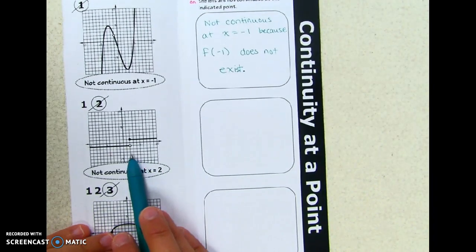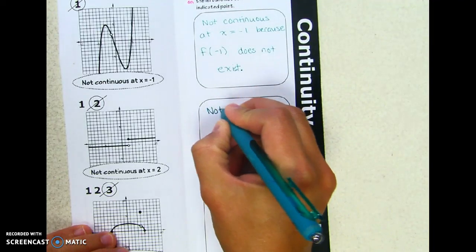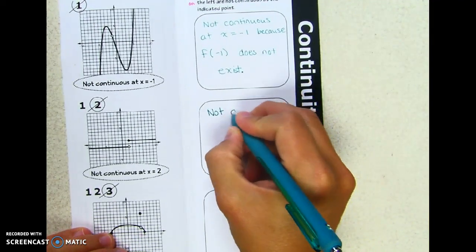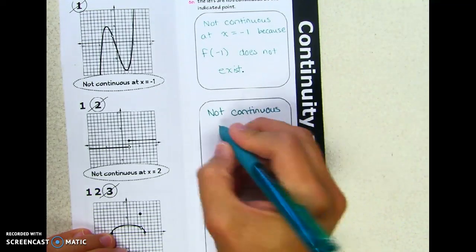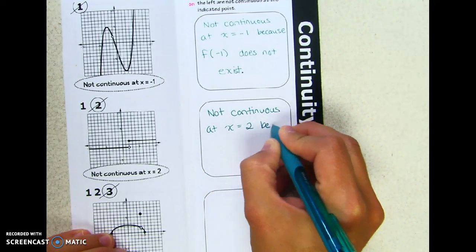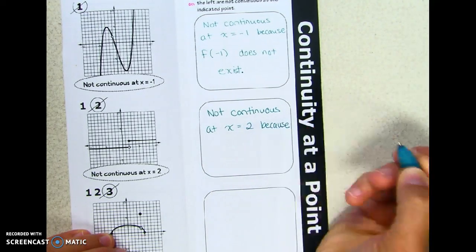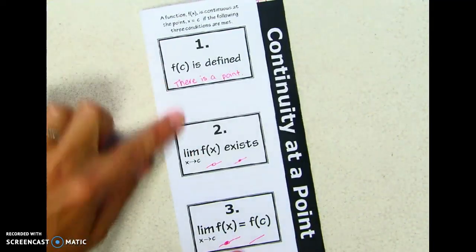Okay, number 2. Obviously this is not continuous at 2, but you have to write why. Isn't that a little bit better? Yes, better pen. Not continuous at x equals 2 because, what's the reason here? Is it reason number 1, 2, or 3?